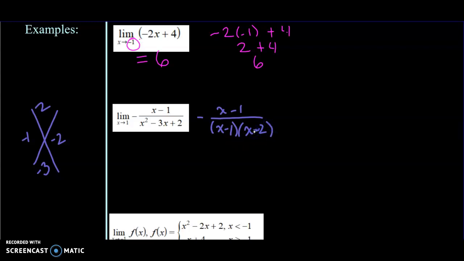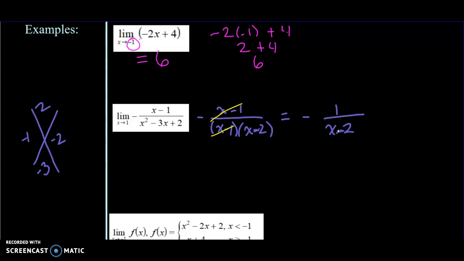Okay? And so what happens once I simplify x minus 1 and x minus 1, I'm able to simplify those because that equals 1. And I am left that this is equal to negative 1 over x minus 2. Okay? This is my simplified.